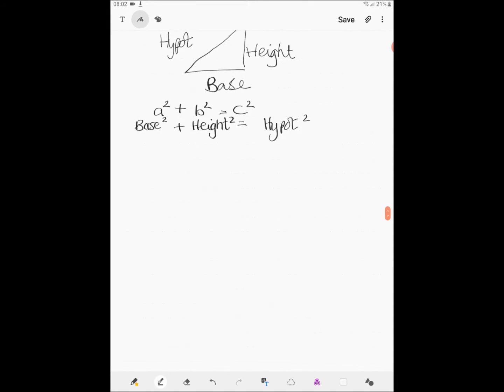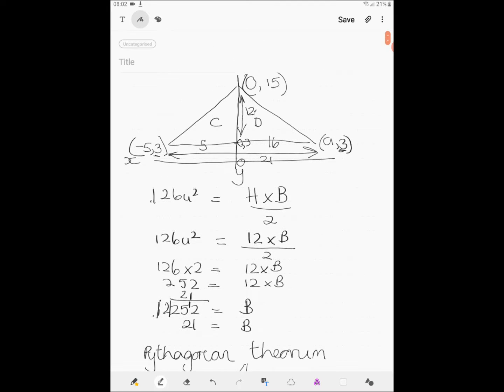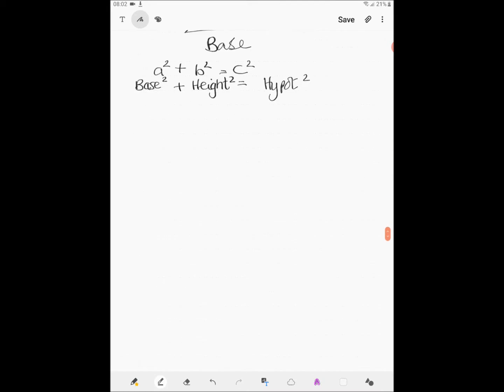Okay, so let's do triangle C first. So my base is 5, so I've got to do 5 squared plus the height squared, 12 squared, equals my hypotenuse, C squared.